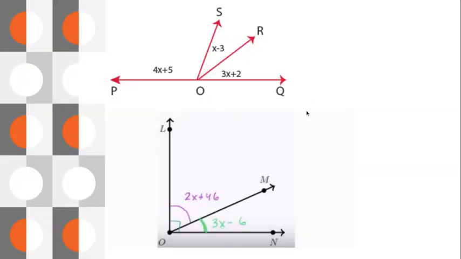Look at these two examples. In our top example, we actually have three angles, but notice that these three angles have nothing in common, so they're actually adjacent, which means that when we add all three of these together, we form the straight line of POQ.